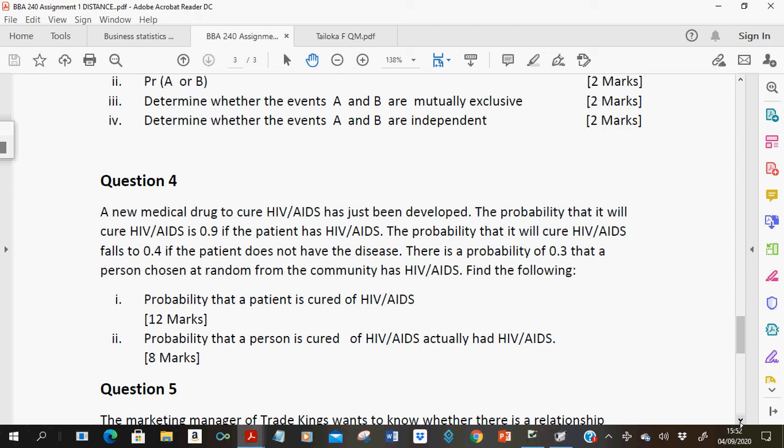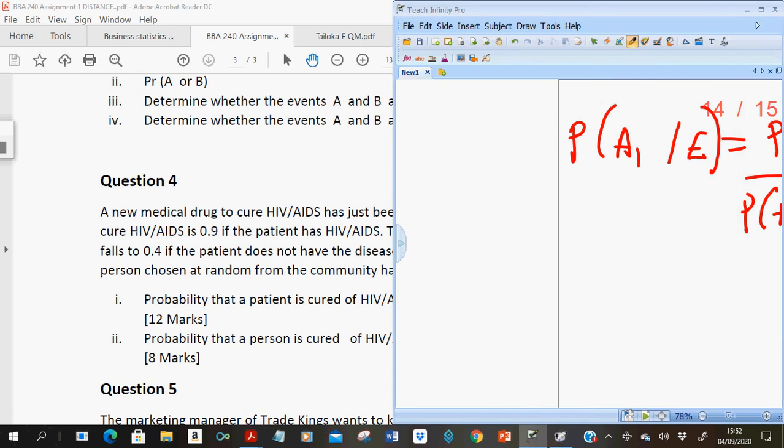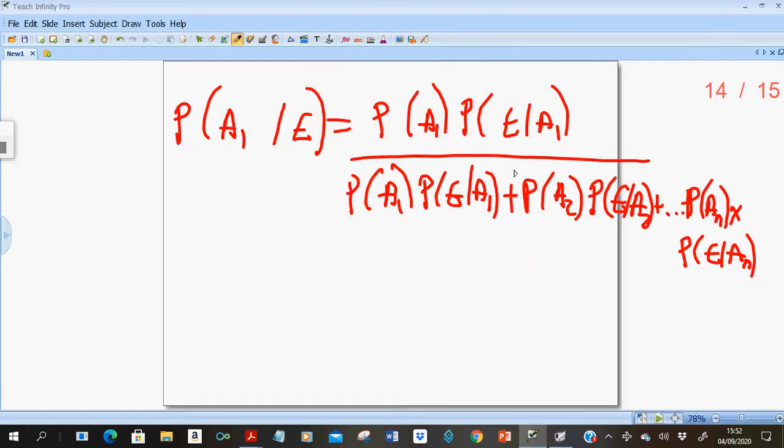So we are going to have our solution. Actually, this is example 2.